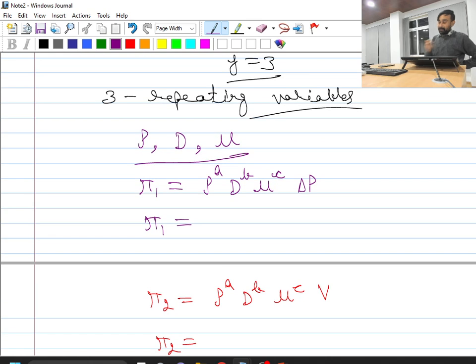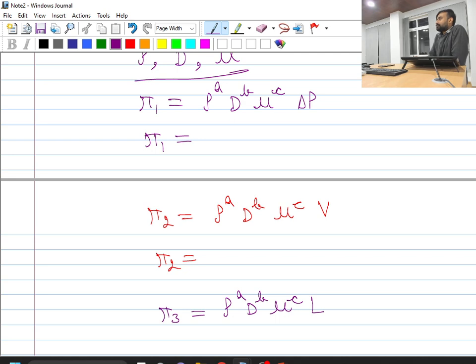Anyone calculated pi 1? Any one of you? This is the difference actually. Whenever you start doing, then it is the real test.